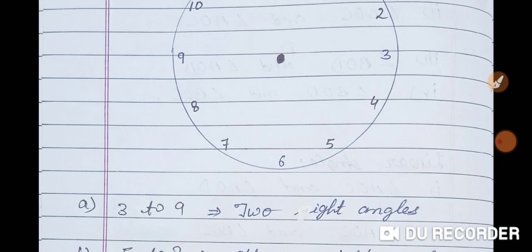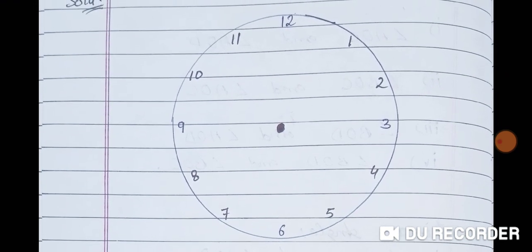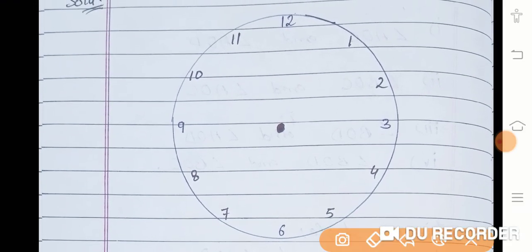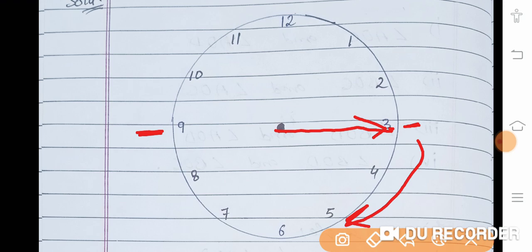3 to 9, right angle, that is, my dear, 90 degree. Right angle means 90 degree. So your first one is the 3 to 9. You have to start from 3 and you will go up to 9, and how much right angle you will get. So my dear students, suppose you started from this 3, so what will happen when you will move from here, so up to 6, one right angle you got.